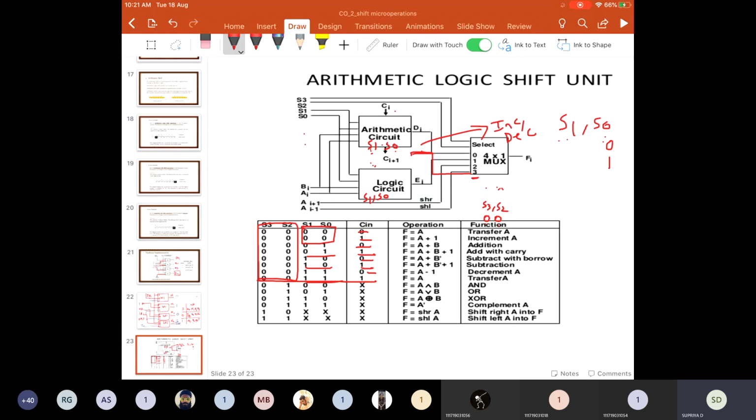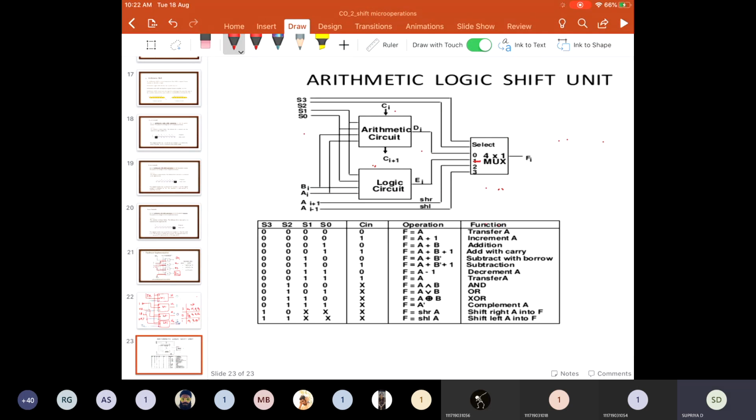Till here, the operations we are seeing are the ones we discussed in the 4-bit arithmetic circuit. By selecting data select line 0 of the multiplexer with select lines S3 and S2, arithmetic operations will be performed. And for the next operation, data select line 1 in the circuit is selected.